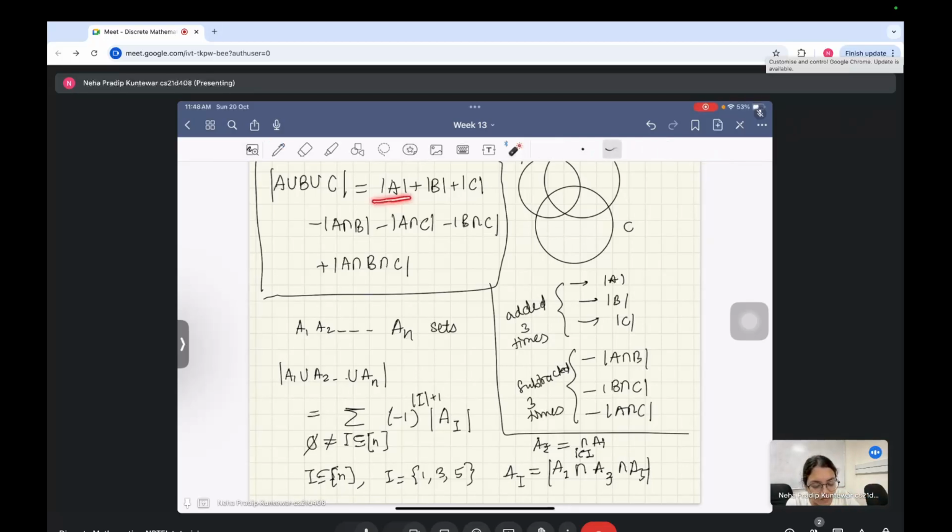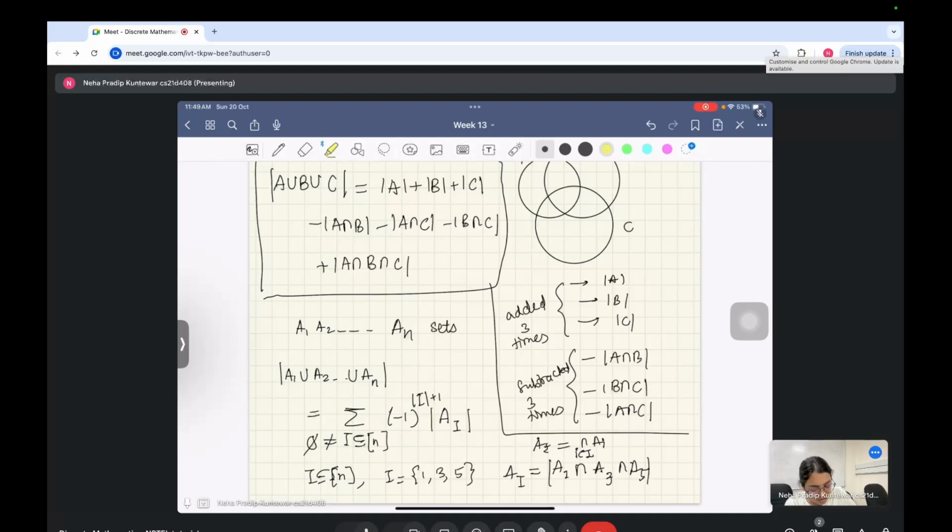Because notice that if the size of the set is odd, then you're adding the quantity. So if I is 1, for example, then you should be adding. Therefore this minus 1 to the 1 plus 1 becomes a 1, so you will end up adding. But if this quantity is even, there are two sets that are intersecting, then you should be subtracting. And this sign will appropriately take care of whether you should be adding it or subtracting it.